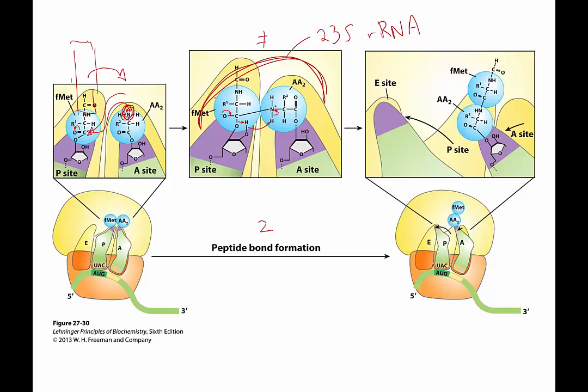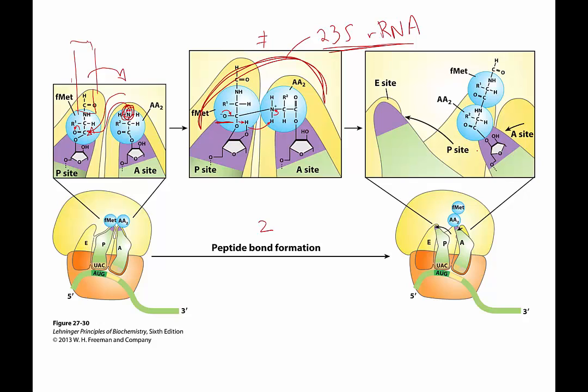So the catalytic activity, the lowering of the activation energy, or the lowering of the energy of this transition state, is basically this guy getting stabilized by interaction with the ribosomal RNA. And so we get promotion of this process by lowering the activation energy, and that all takes place in the ribosomal RNA component, not the protein component of the ribosome.